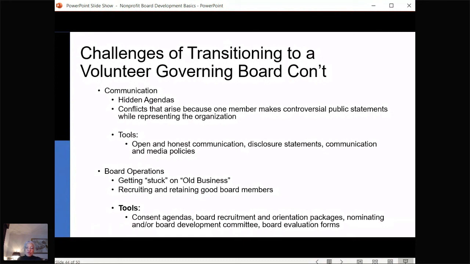So some of the tools you can use are consent agendas. That way you can approve several items at once, things that tend to be routine in nature. You can have board recruitment and orientation packages, have consistent onboarding, have a nominating or board development committee, and board evaluation forums.